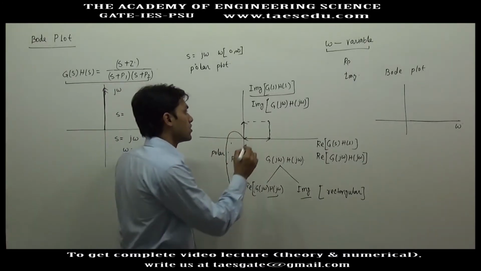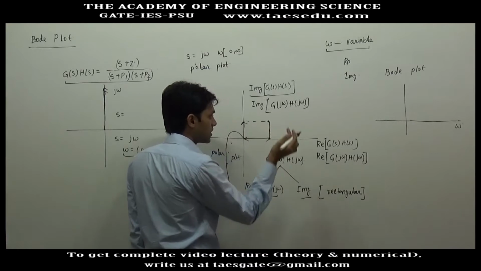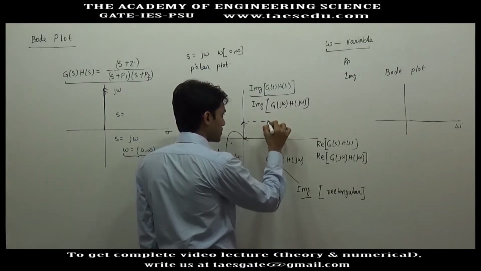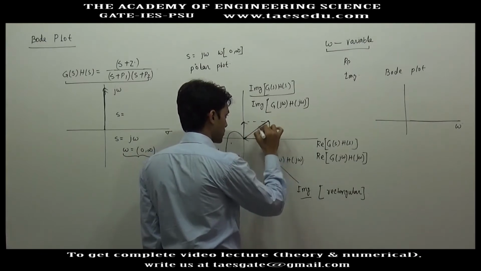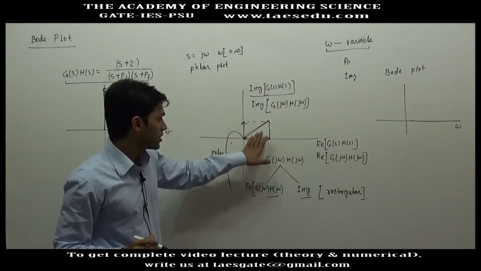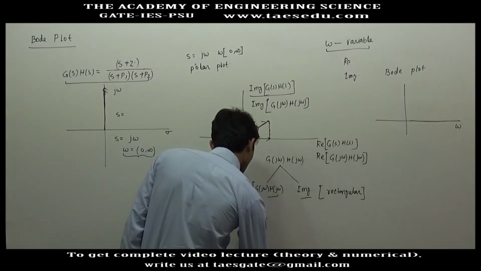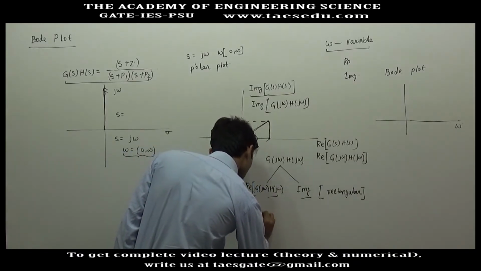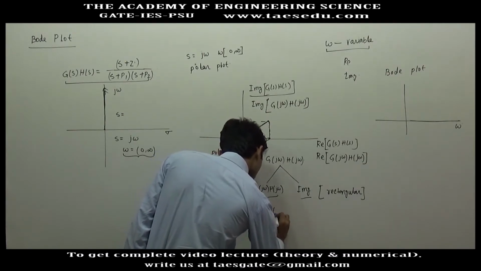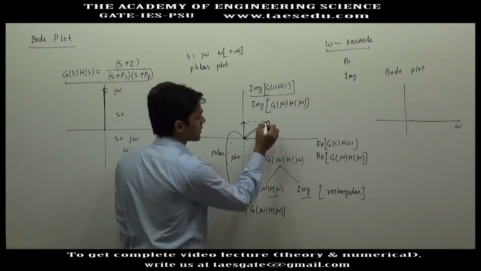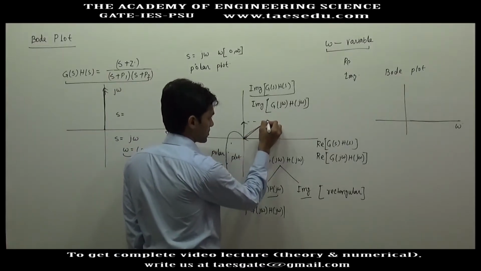So this is one kind of representation in which we take real part and imaginary part, the two lengths. To uniquely represent this point, another way of representation is to take the distance of this point from origin. This will be called magnitude of G(j omega)H(j omega). But there can be many points at the same distance.